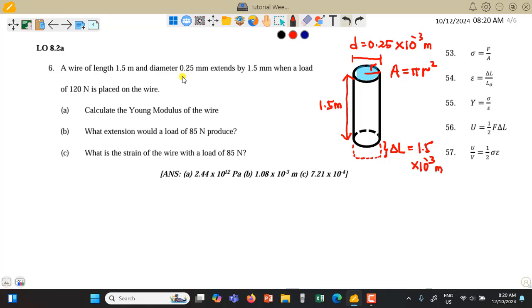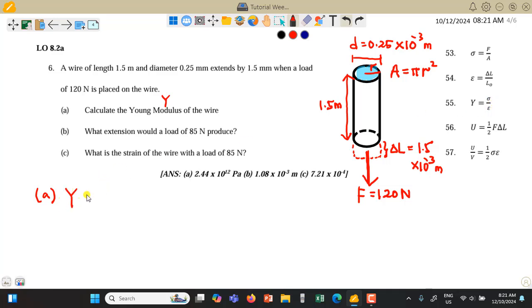So when we apply a load or a force of 120 Newton. Question A, we would like to calculate the Young modulus Y of the wire. If we refer to the equations for this topic, the Young modulus can be calculated by taking the stress divided by strain.